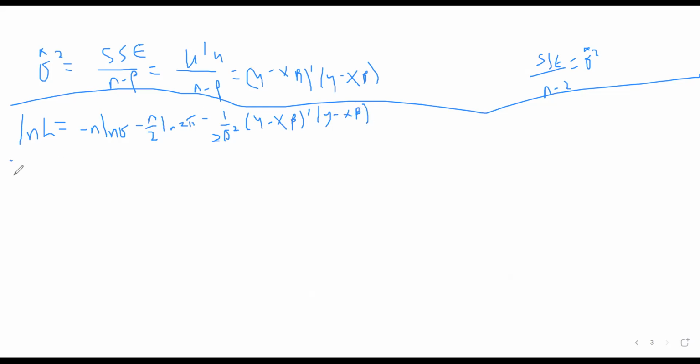So let's differentiate with respect to sigma. We want an estimator for sigma squared, so we take the derivative of ln L with respect to sigma. Please, during the exam, do not differentiate by sigma squared. It's by sigma.